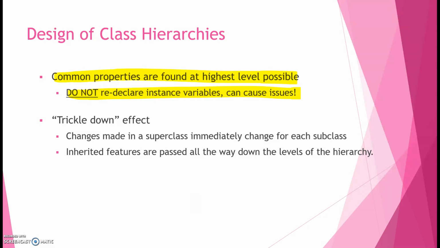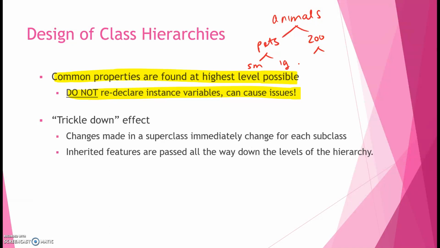So for example, if we had a set of classes to describe animals, and then we had a subclass, so let's say we had animals, and then we had subclasses called pets and zoo animals. And then within that, we had subclasses of small and large. So we have small pets, we have large pets.